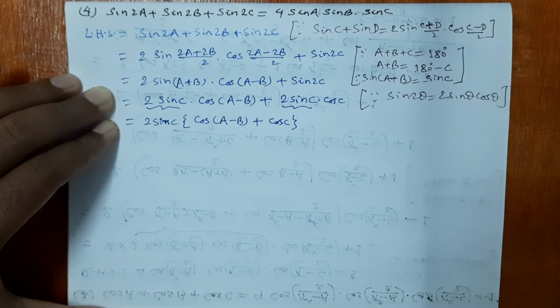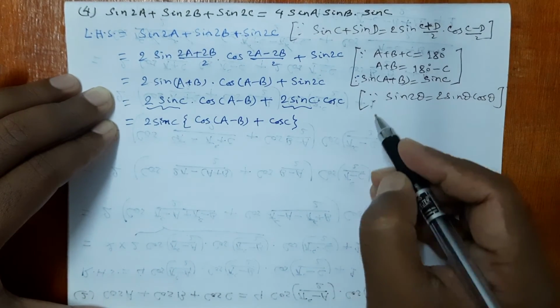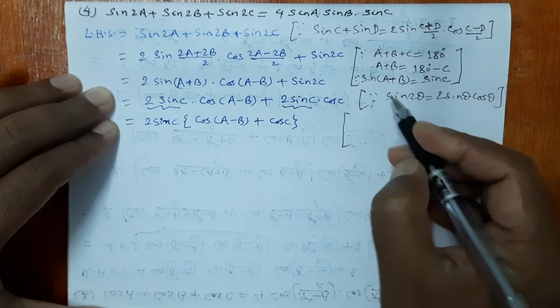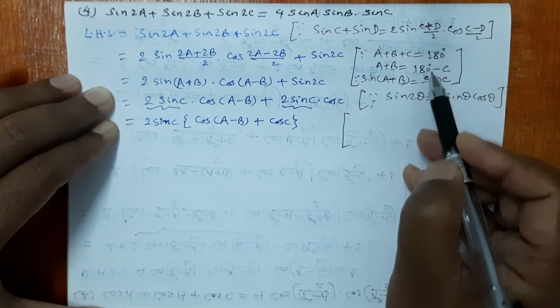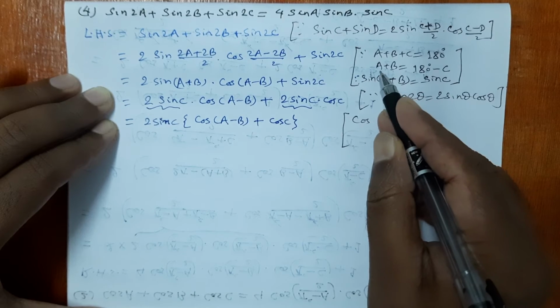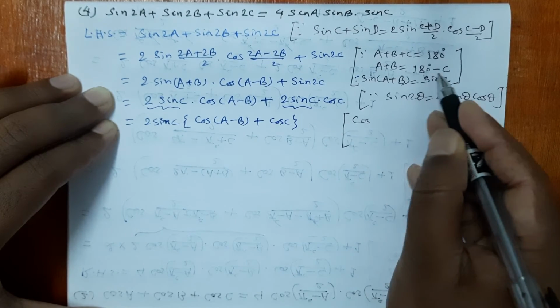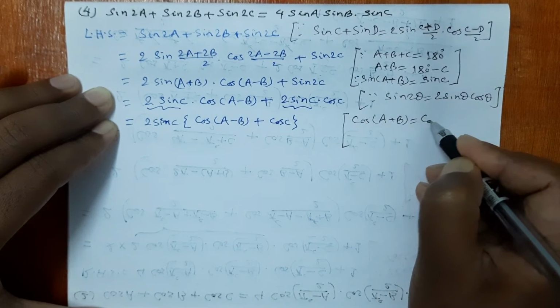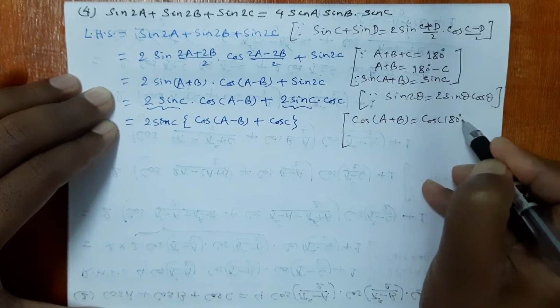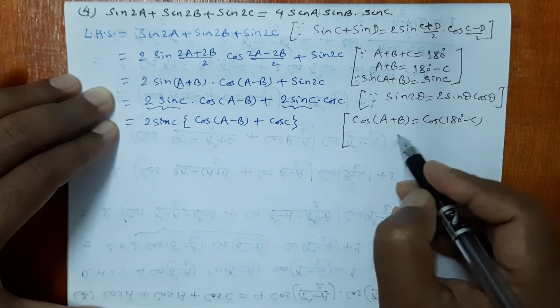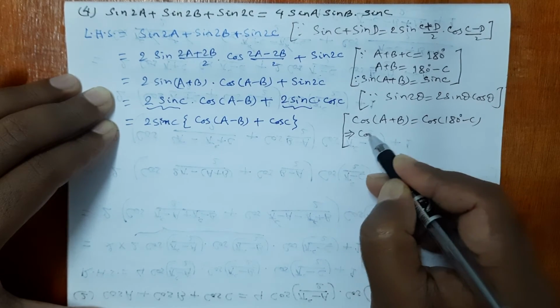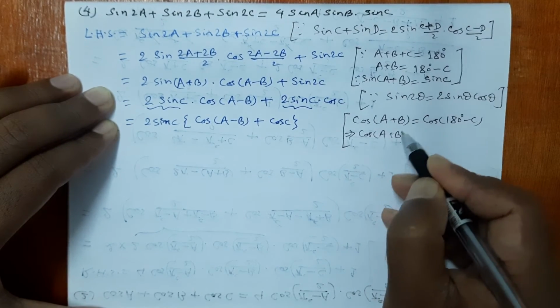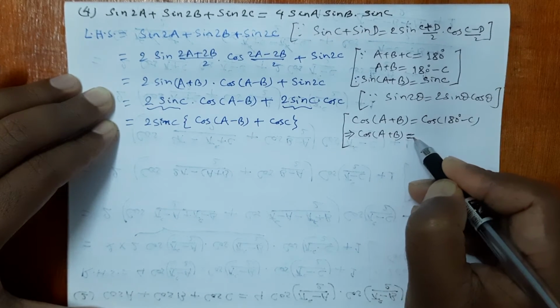Now if you take cos on both sides, here A plus B equals 180 minus C, cos (A plus B) equals cos (180 degree minus C).